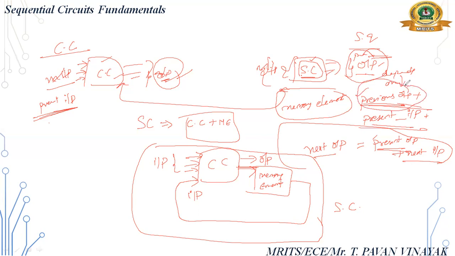We use a memory element to store it. In a combinational circuit, no memory element; in a sequential circuit, we have a memory element. So let us start the sequential circuit.